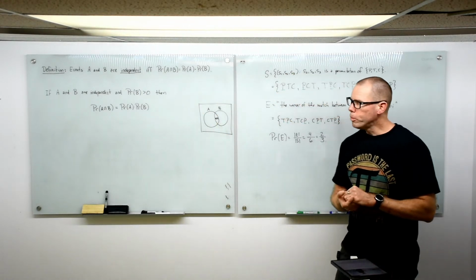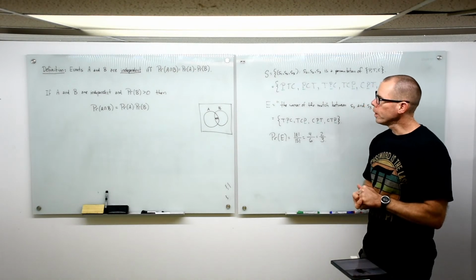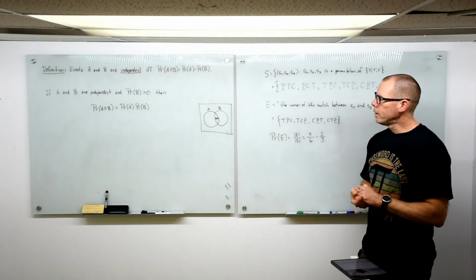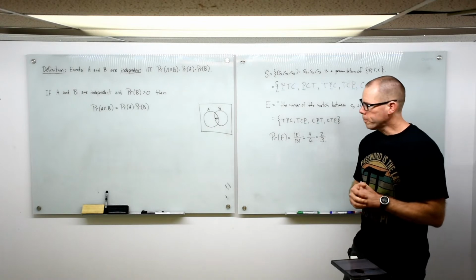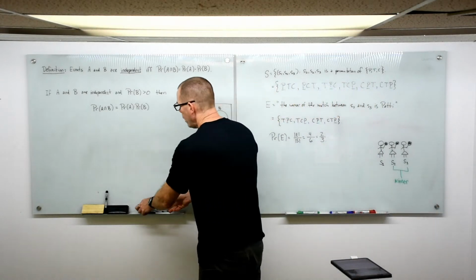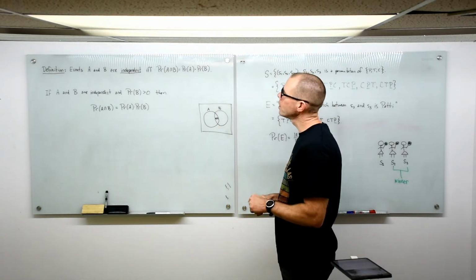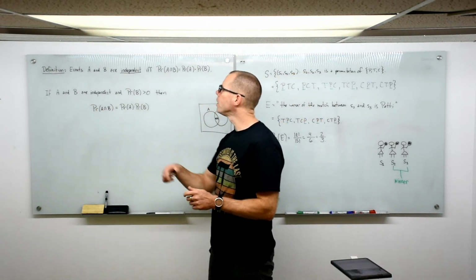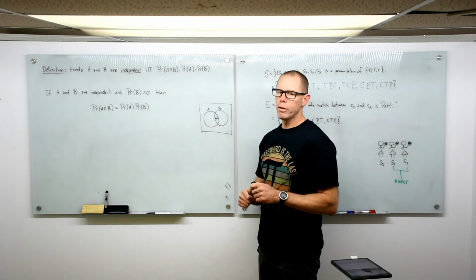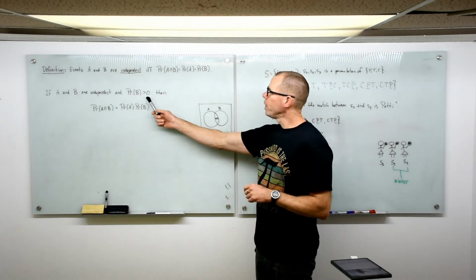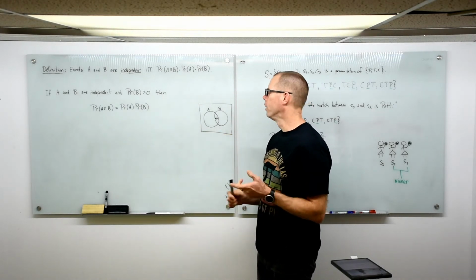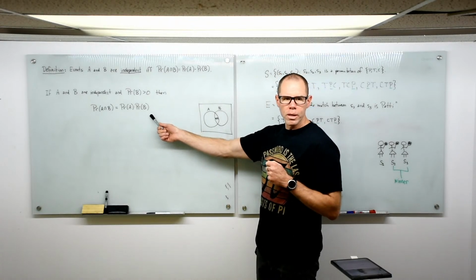Now, what you may be more used to is something that's almost equivalent. Let's copy this definition and say, if A and B are independent and the probability of B happens to be bigger than 0, then, well, this is just the statement of what it means to be independent.